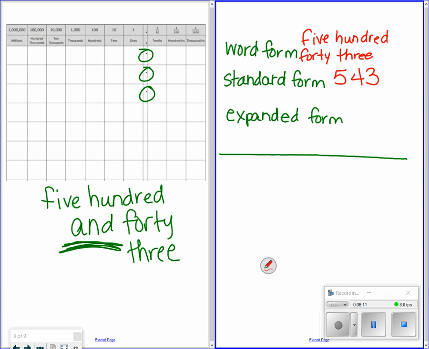I know for a fact I taught it in second grade, back in the day when I taught second grade. They probably changed it. Second grade might not do that anymore. I don't know. Might be a third grade thing. Third grade did it too, I think. Fourth grade did it too. And you probably did what? 500 plus 40 plus 3.